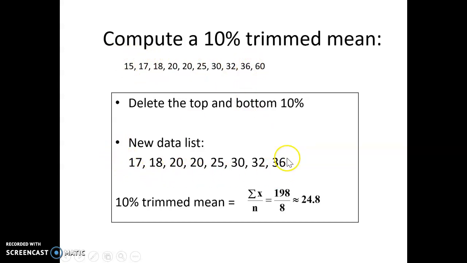So now your new data set is a 10% trimmed mean. You're going to add all these up, divide by 8, and then your new mean is 24.8. The untrimmed mean is going to be much higher than 24.8 because the 60 will make it larger. The 15, yeah, it makes it smaller, but 15 is really close to 17. It doesn't have as much weight as the 60.